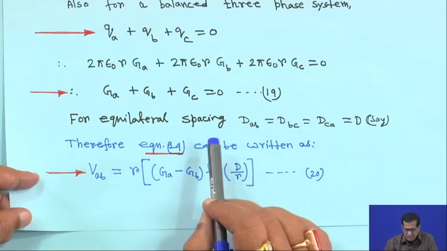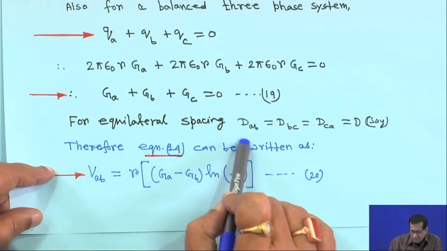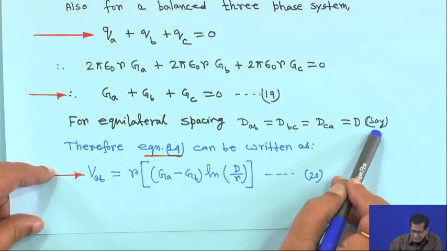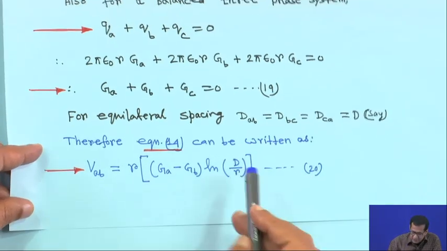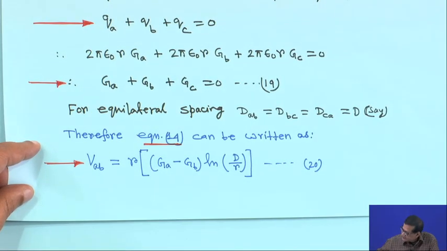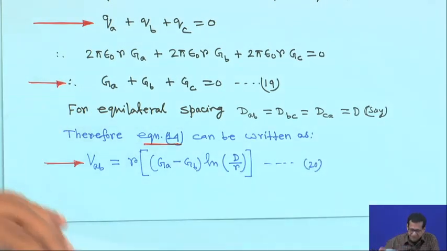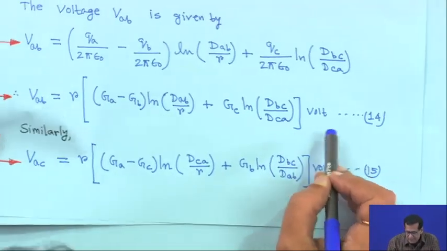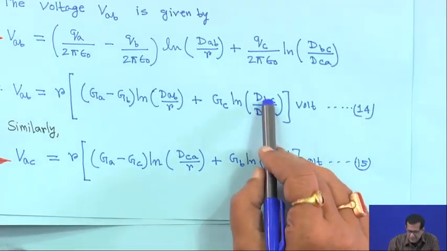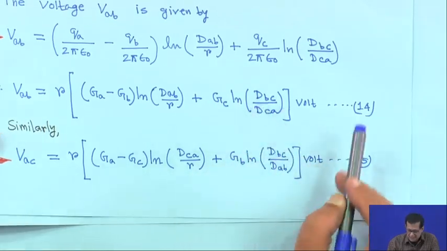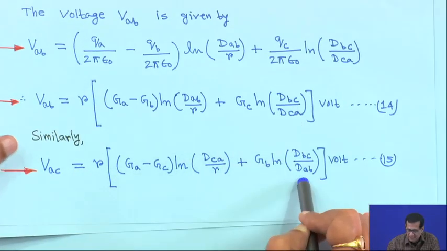Now, if you assume equilateral spacing, for a special case, say DAB is equal to DBC is equal to DCA, therefore equation 14 can be written as, because all are the same, DAB, DBC, DCA all are the same. So, it will basically be D upon D, this term will vanish, it will become 0. Similarly, here also this term will vanish, for VAB basically this term will vanish, right.